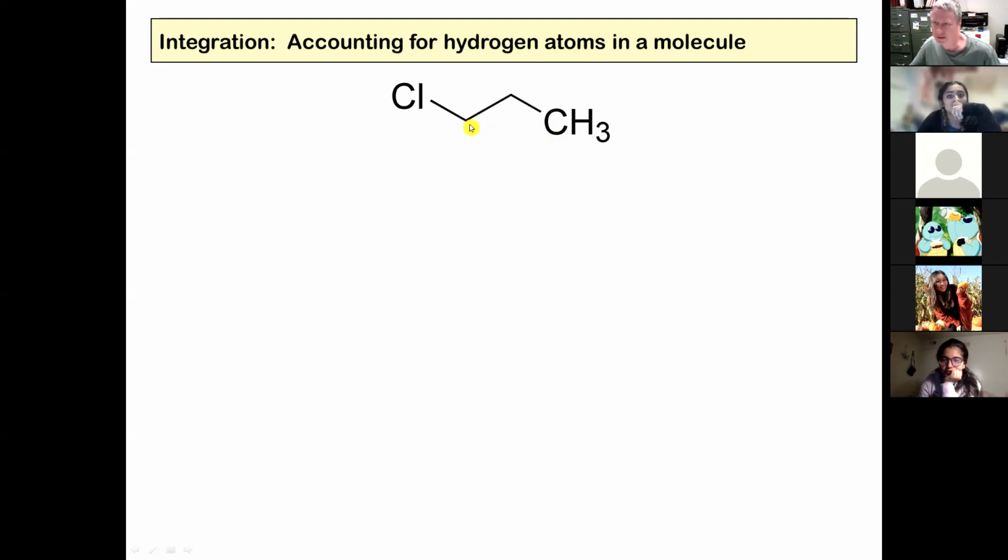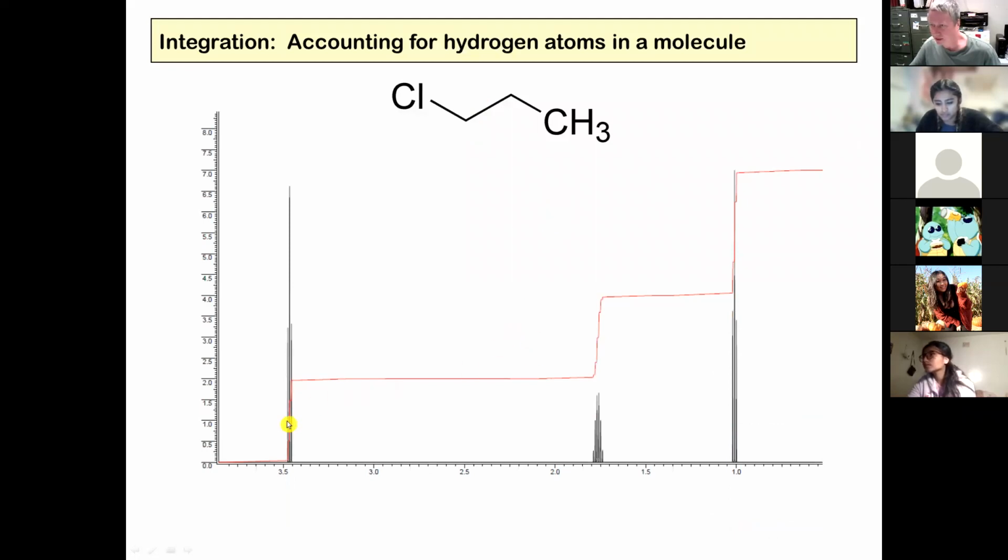And what's the proportion going to be? Well, maybe it's going to be 2 to 2 to 3. The integration is predicted to be 2 to 2 to 3, and that's exactly what you expect for integration. So when you see this red line here, that is an indication of the integration.